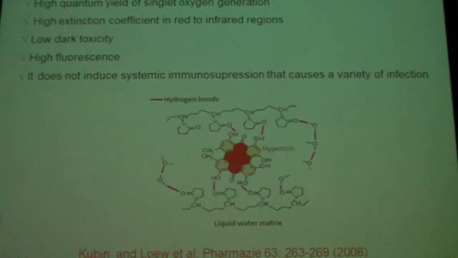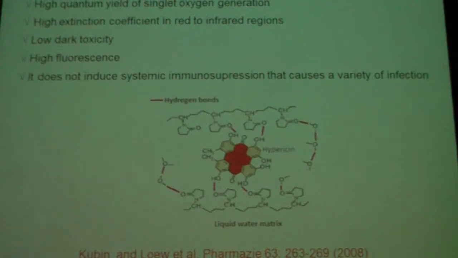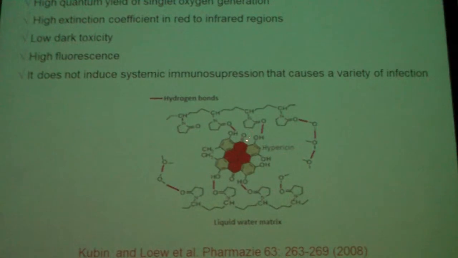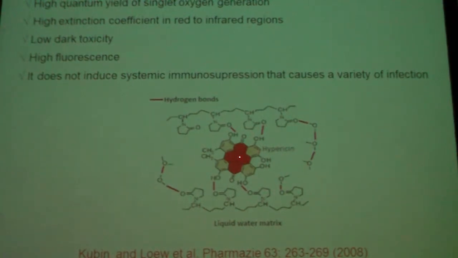With all this, by the invention of a drug called PVP hypericin, they could reach all these properties. PVP hypericin is a complex made of hypericin, which is the sensitizer, with PVP, or polyvinylpyrrolidone, and with hydrogen bonds between the oxygen groups of PVP and OH groups of the hypericin, this complex is formed.